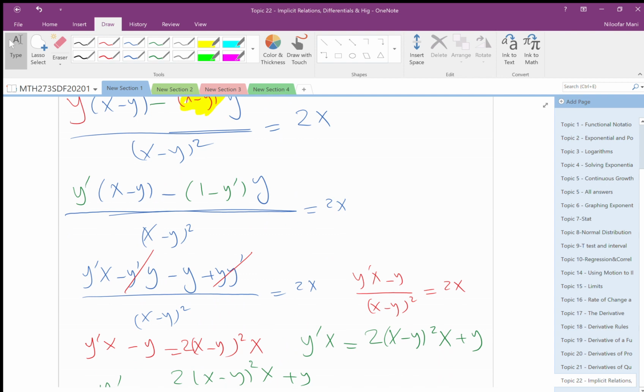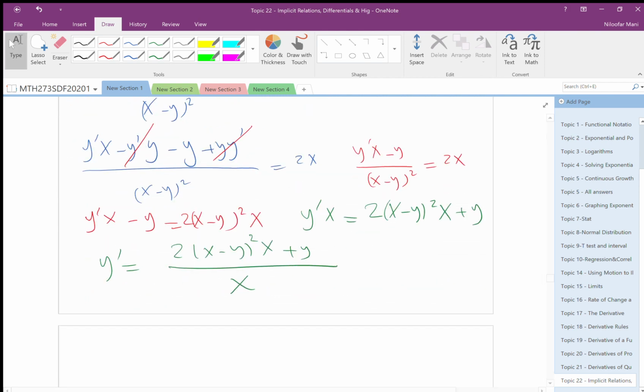So here I did cross multiplication, simplification, all of these, and then I am finding for y prime, so I keep whatever with y prime one side, the other thing the other side, and I just solve it. Okay, so after this I'm just done.